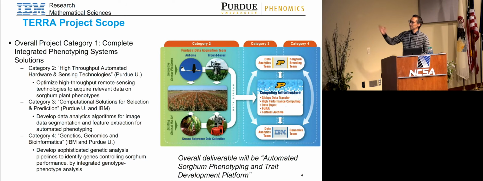Category 3 is about automated phenotyping from sensor and drone data. Category 4 involves genomic data, and that corresponds to the integrated genotype-phenotype analysis. So these are two of the major technical challenges from our perspective. Of course, category 2 is a major aspect, but we didn't take part in it directly.